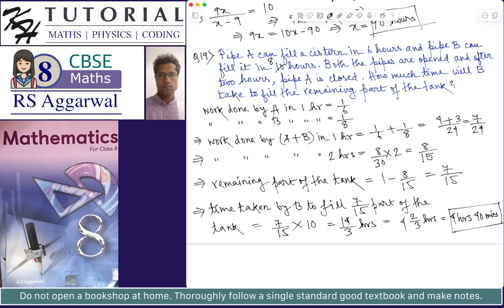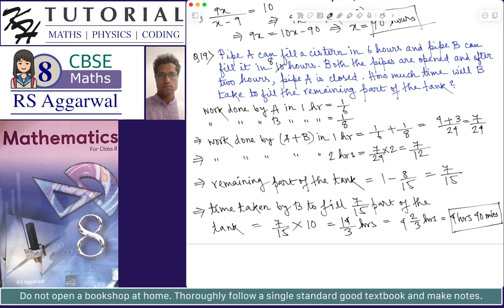Work done by both the pipes in 2 hours will be 7 by 24 multiplied by 2, which is equal to 7 by 12. So 7 by 12th part of the tank is filled up in the first 2 hours by both A and B.